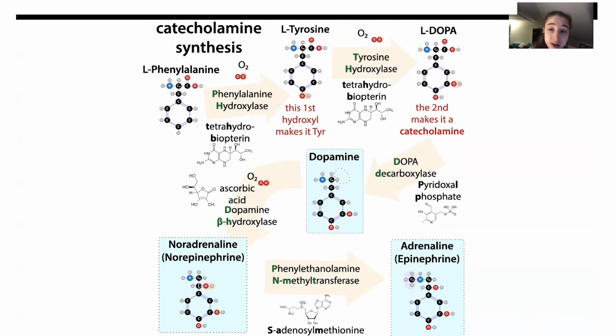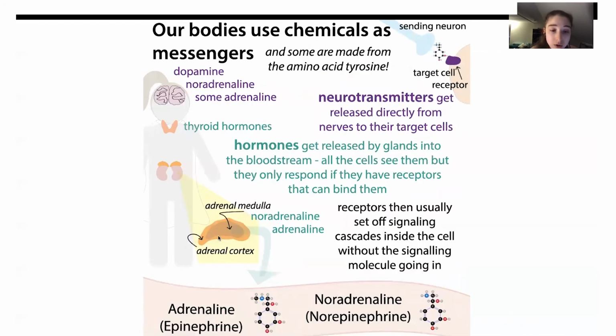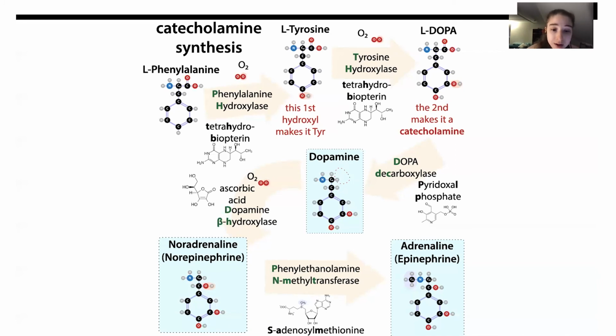And most cells will stop here, but not in your adrenal gland, in your adrenal medulla, where they have the enzyme that they need in order to do the conversion. And that enzyme is phenylethanolamine N-methyltransferase, or PNMT. And it's going to use a cofactor that I've talked about before too, S-adenosyl methionine.